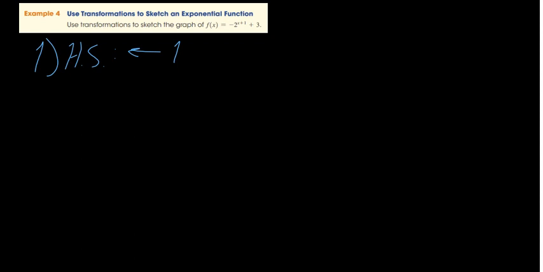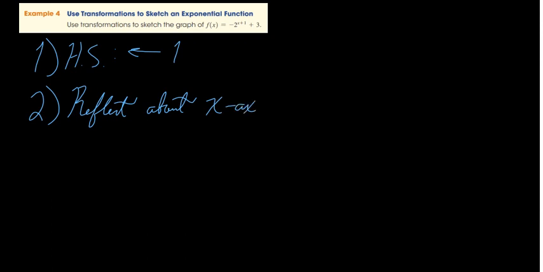And of course, we do see a vertical shift, but we're going to do it last because we see a negative out front. So let's work on that. If we have the negative of the parent function, we're going to reflect about the x-axis, because we have that negative in front of my parent function.